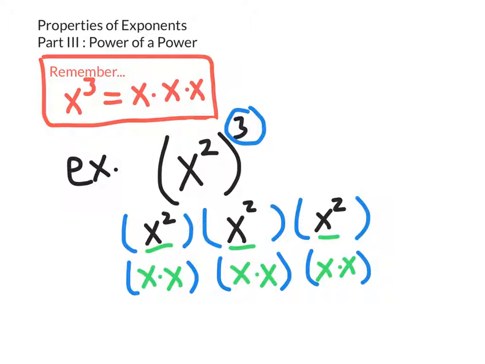If we ask ourselves how many of them there are in total, we can recognize that this is going to become x to the 1, 2, 3, 4, 5, 6, x to the 6th power.